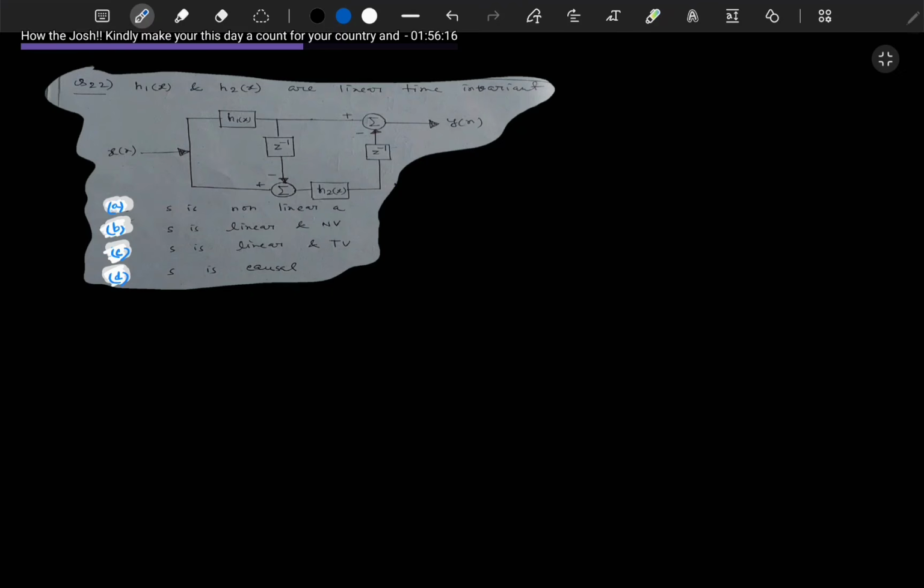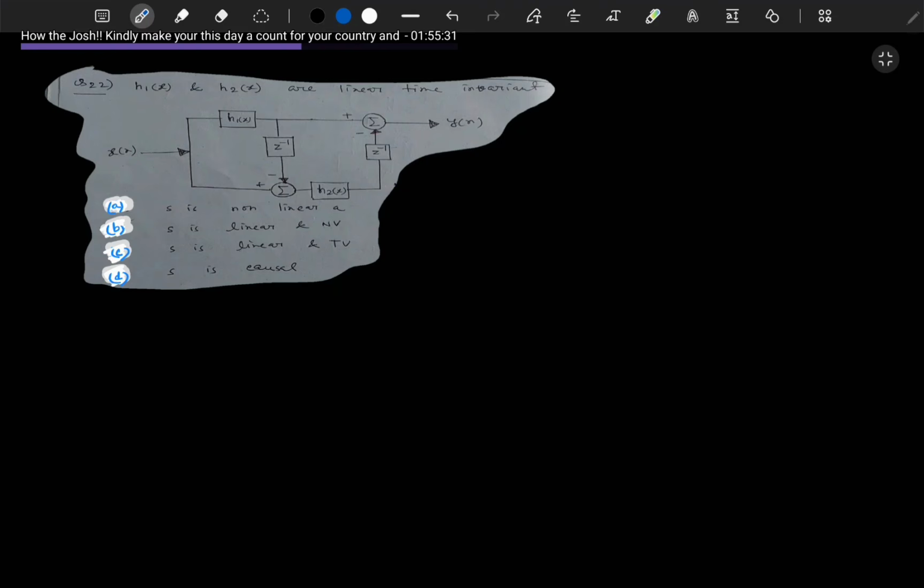So we need to find out, as all the blocks here are linear, the whole system is also linear, and all the blocks are time invariant, so the whole system will be time invariant.